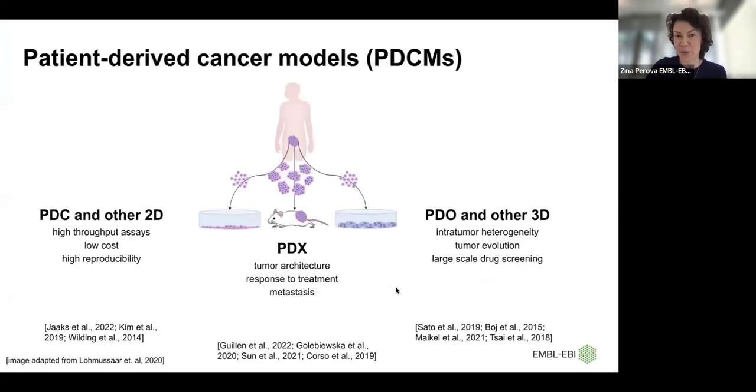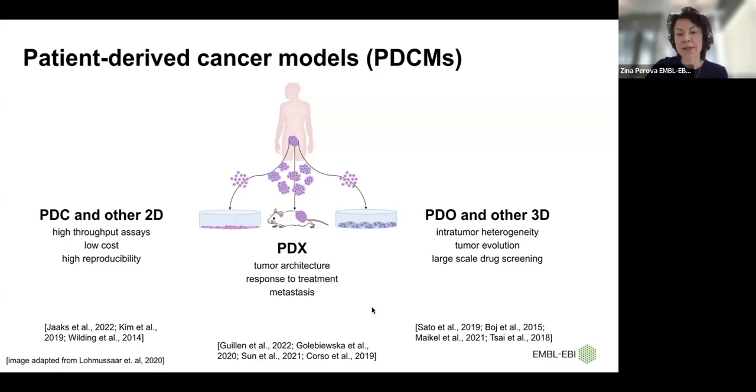So patient-derived cancer models probably do not need a very long introduction to this audience, but in the interest of what I'm going to be describing about our platform, I'll just say that the main groups they're categorized into that we use in our platform are the 2D models, the patient-derived cells, the 3D models, patient-derived organoids, and also patient-derived xenografts, when the tumor of the patient is implanted into an immunodeficient mouse and allowed to grow, as opposed to the in vitro models done in either a 2D or 3D environment.